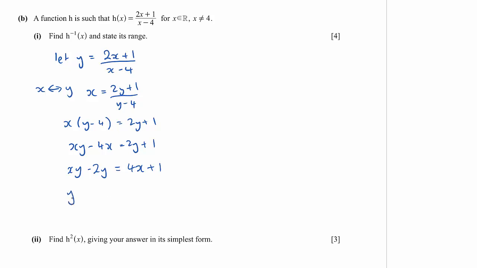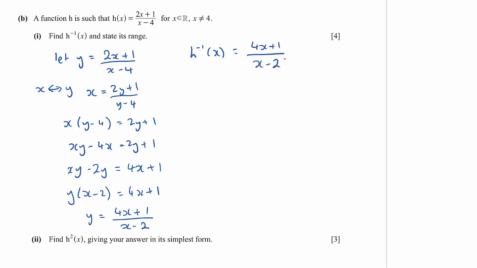Now factorize over here, and then we can divide by the x minus 2. So y is going to be 4x plus 1 over x minus 2. So the inverse function is going to be 4x plus 1 over x minus 2.